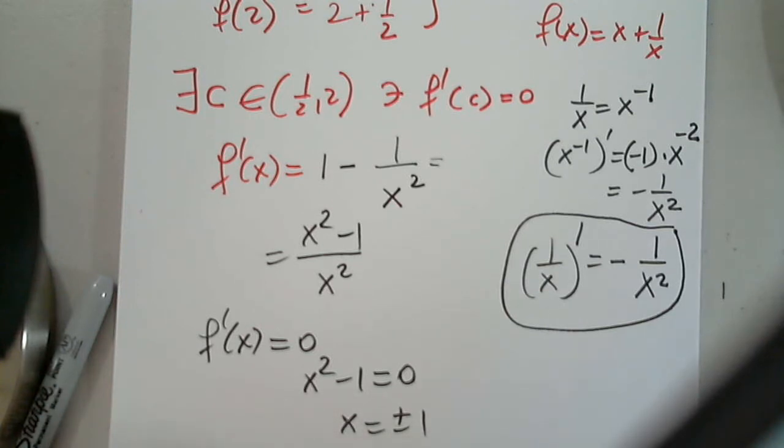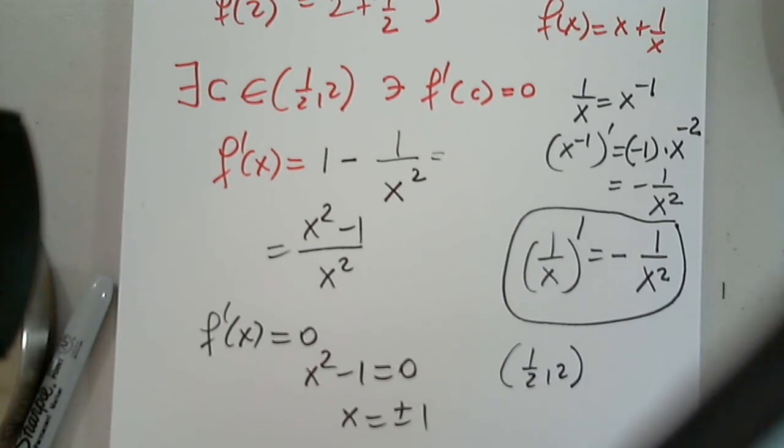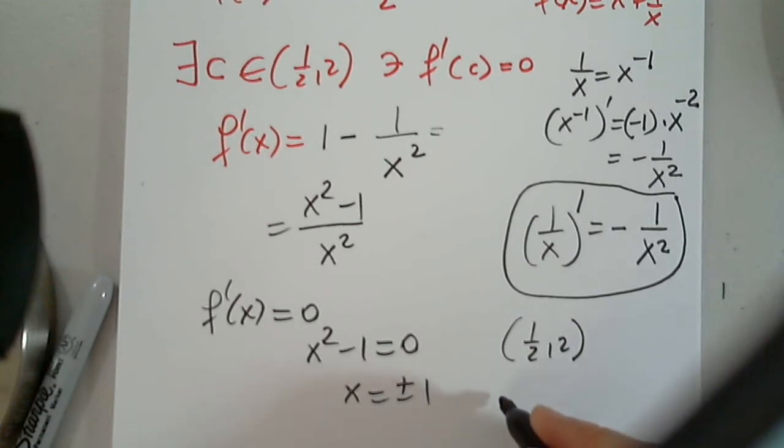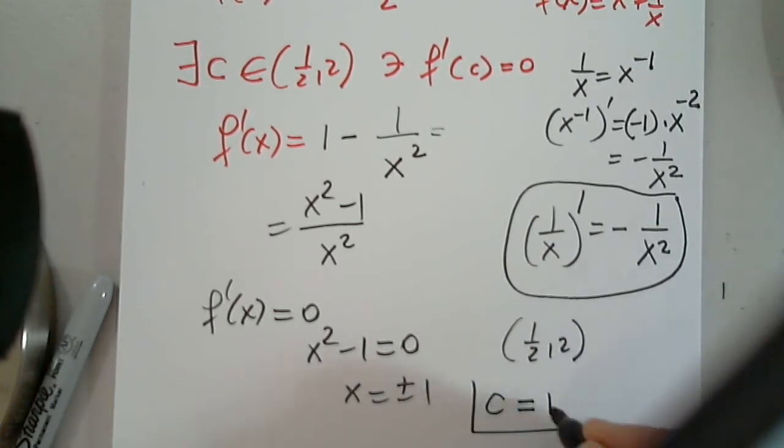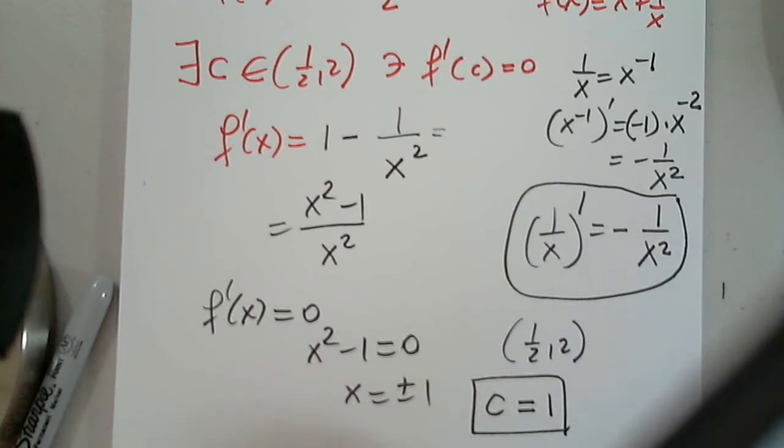So remember our interval is 1/2, 2. Which one do I have to choose? Plus 1. That's it. Okay, so this is guaranteed by Rolle's theorem. So C is 1 by Rolle's theorem.